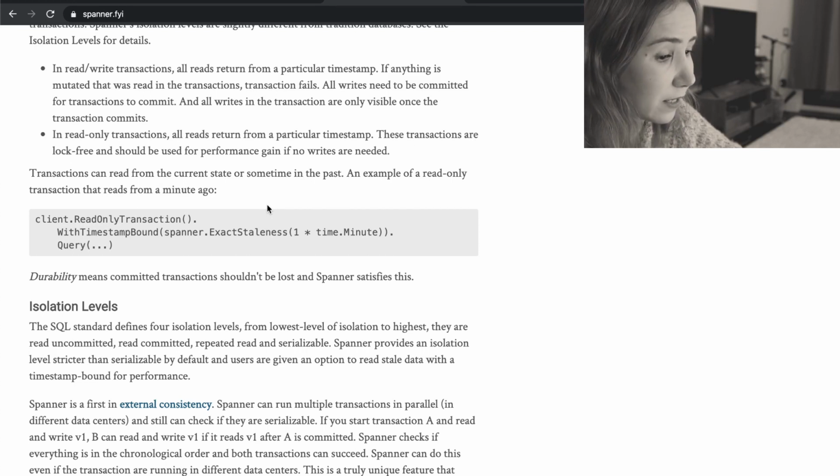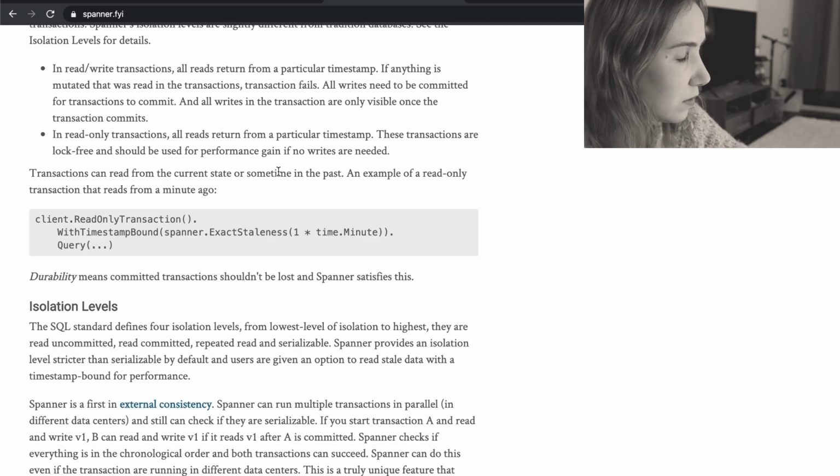In the other case, you can make stale reads. This is really nice if you don't want to do that overhead thing, if you are looking for more performance, and if you don't care if the data is stale or not. For example, if you're running some stats on your data by just reading and piping it to another system, you can do stale reads.